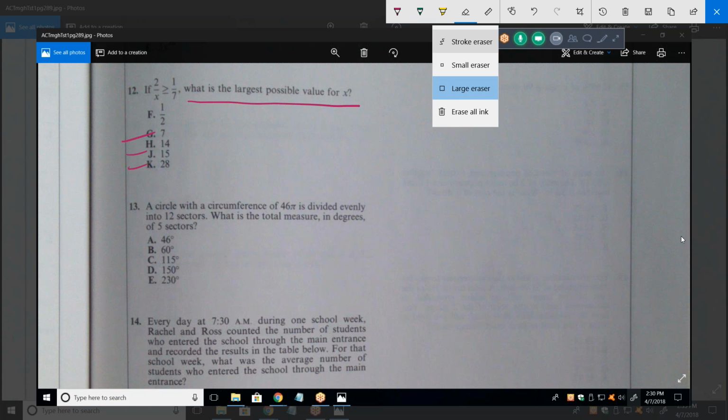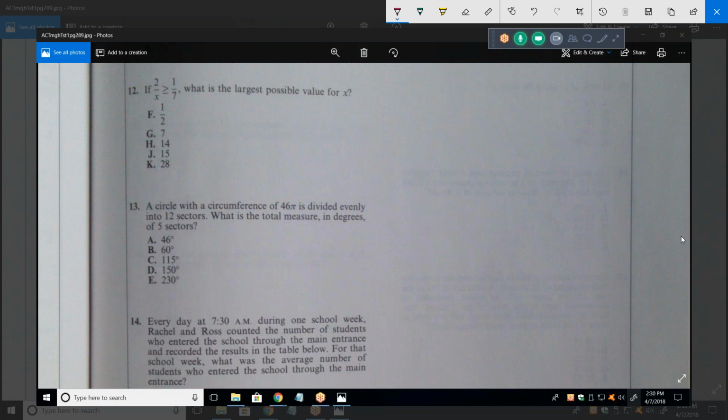So if I am starting with the largest, then I'm going to start with that. That did not work. Start with the next largest. That did not work. The moment I found one that worked, well, that has to be the largest, right? That's larger than 7. It's larger than 1/2. And it works. So that has to be the answer.